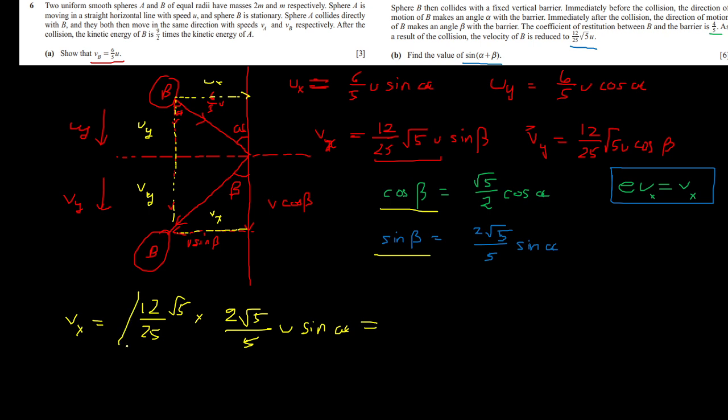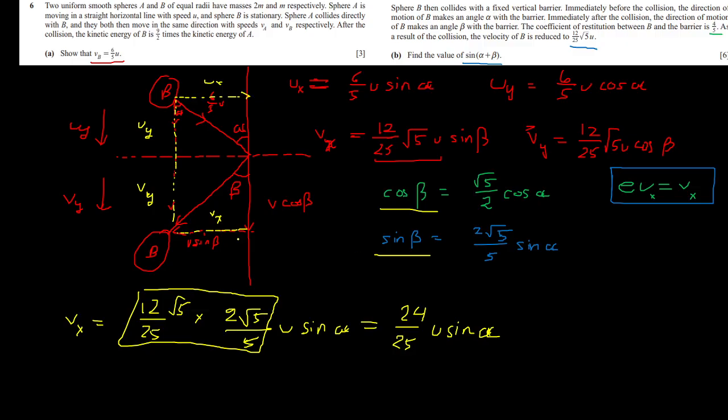And yeah, we can just process this numerical calculation. I think it would be 24 over 25 u sine alpha. Let me just compute that on my calculator. Times root 5. Yeah, that's 24 over 25 u sine alpha.